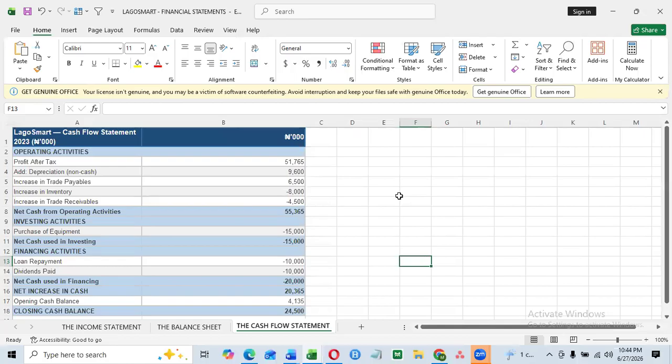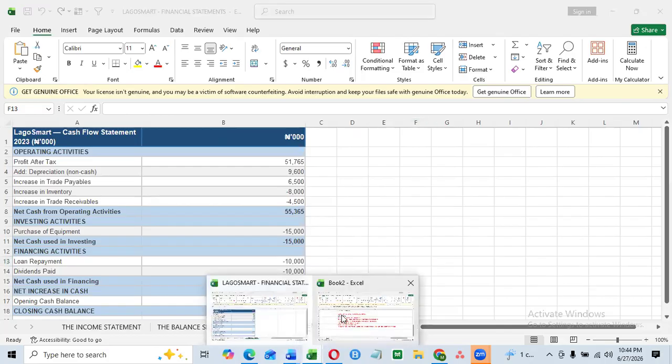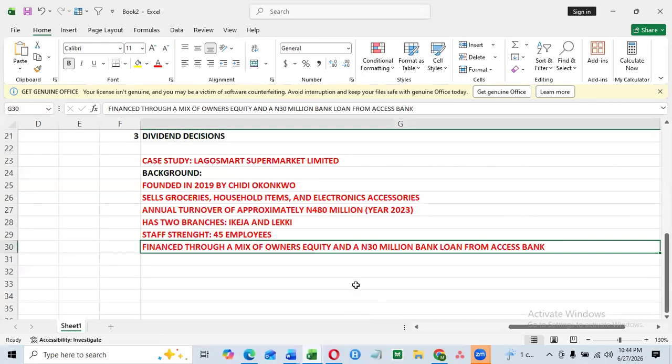Another challenge is volatile exchange rates, which affects businesses that import goods or have dollar-denominated obligations. Another is the high cost of credit. CBN policy rates affect bank lending rates significantly.